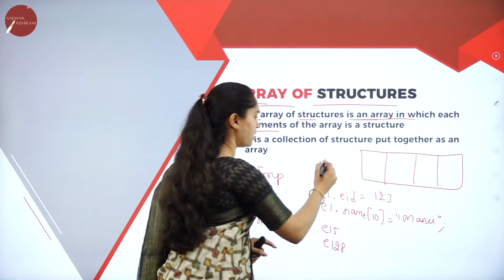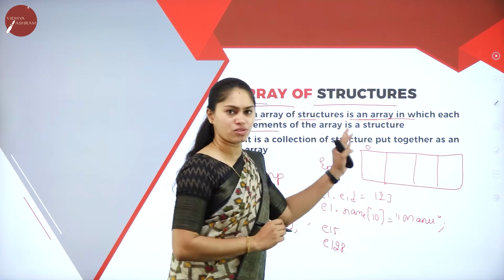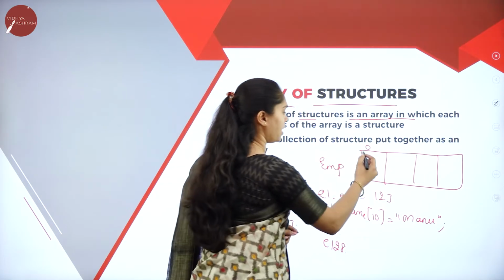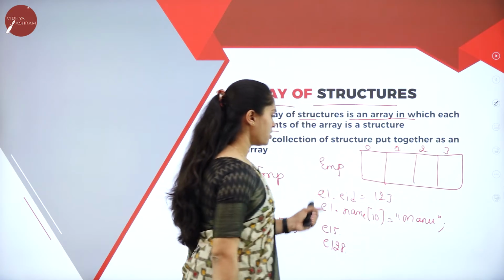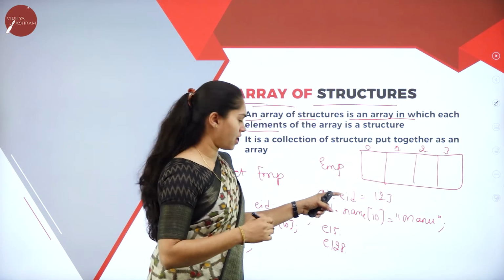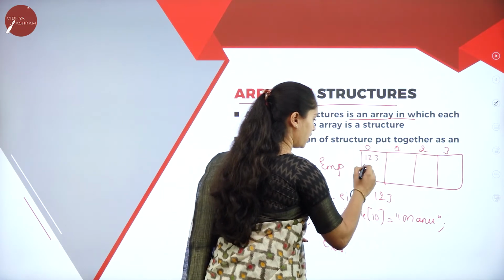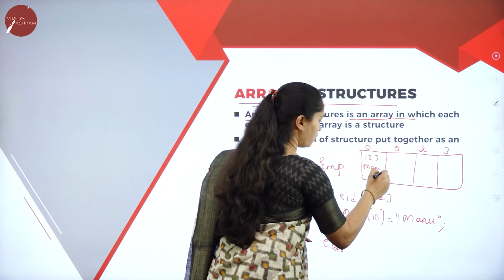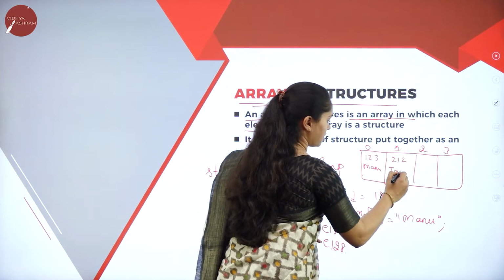So let me consider, I am working with employee. How are we going to define the addresses of this array? It will start from 0, 1, 2, 3. Now what do I have in employee 1? That is the employee ID and name. Let me consider 123 and a name called Manu, and let me consider 212 and I will consider Janu.